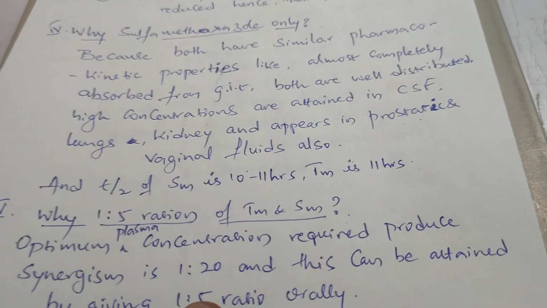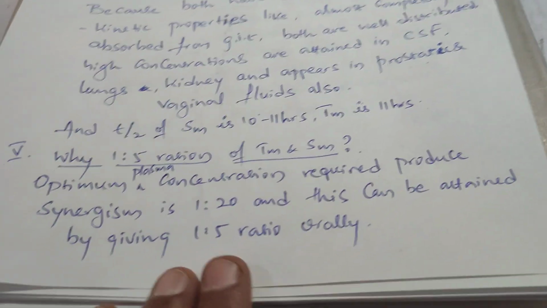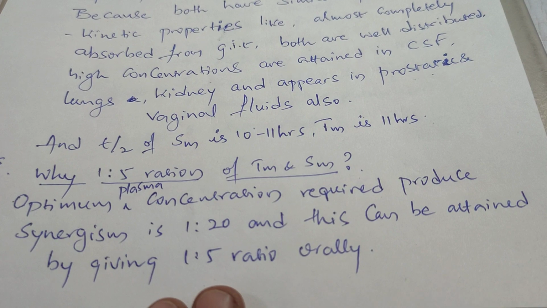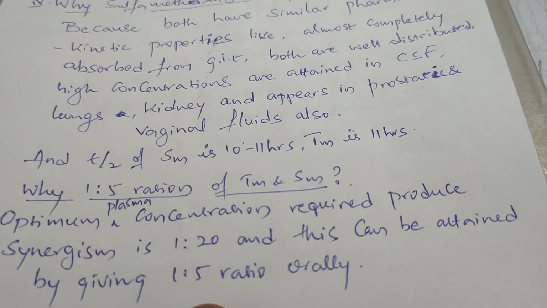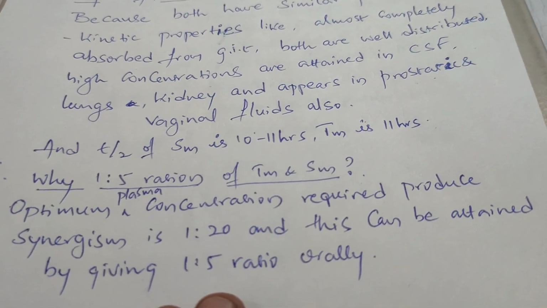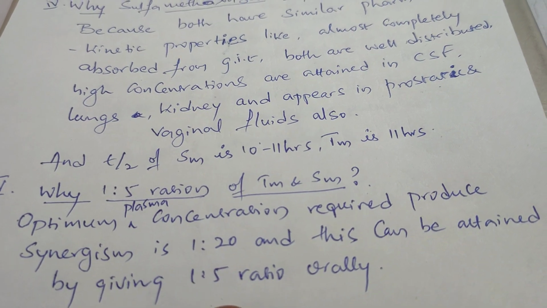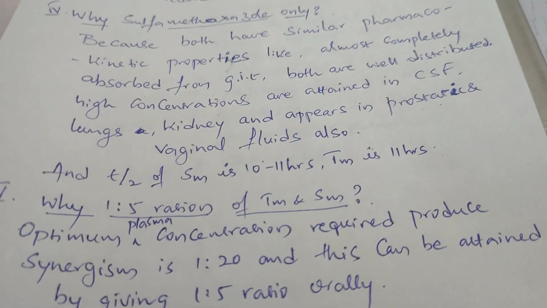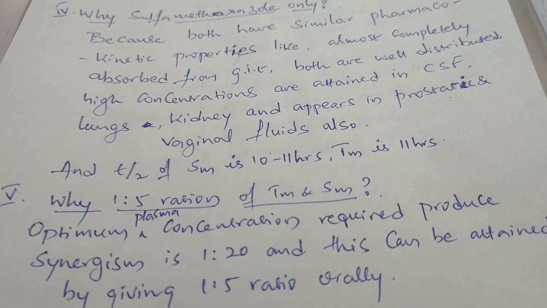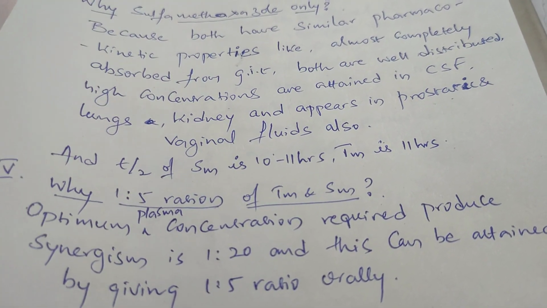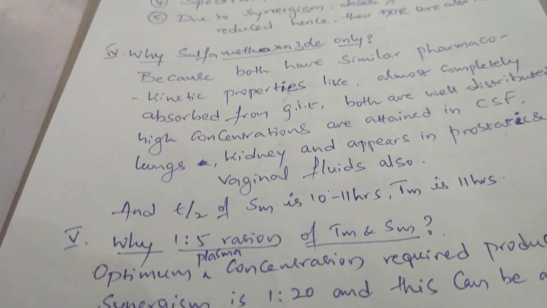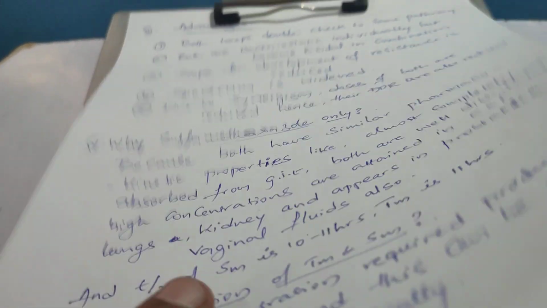And this is attainable when you give a 1:5 ratio orally. After absorption, trimethoprim is more widely distributed. So they finally attain a 1:20 concentration in the plasma. That is the optimum concentration to produce maximum bactericidal action. So that's why they are used in a 1:5 ratio.